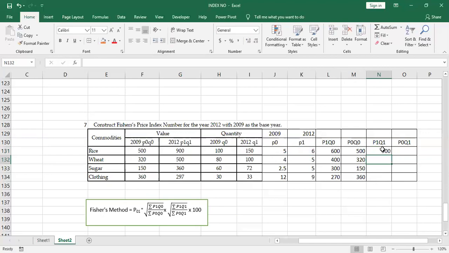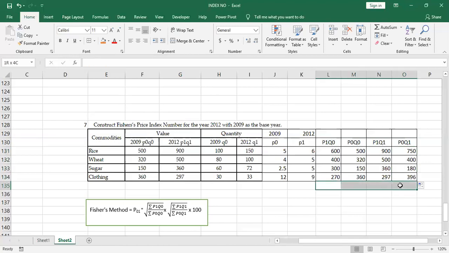You'll be getting 900, the same answer. Next P0 Q1: P0 is 5 and Q1 is 150, so it is 750.